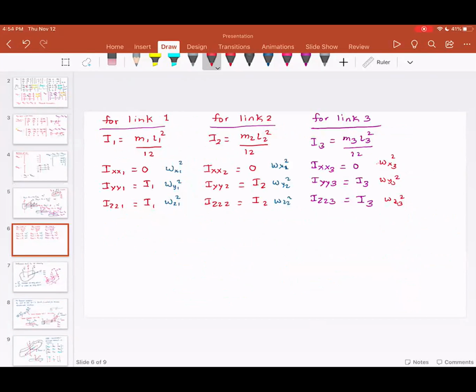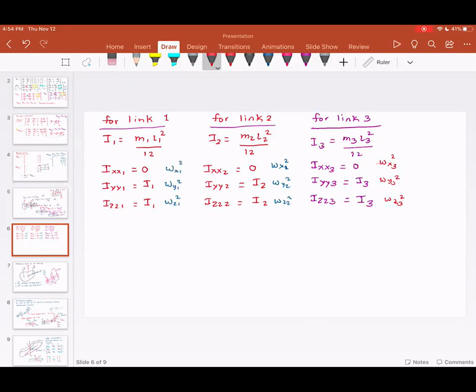So this is what we found out in last class. For link number 1, our Ixx1 is 0, Iyy1 is 0, Izz1 is I1. Ixx2 is 0, Iyy2 is I2, Izz2 is I2. For link number 3, Ixx is 0, Iyy is I3, and Izz is I3.